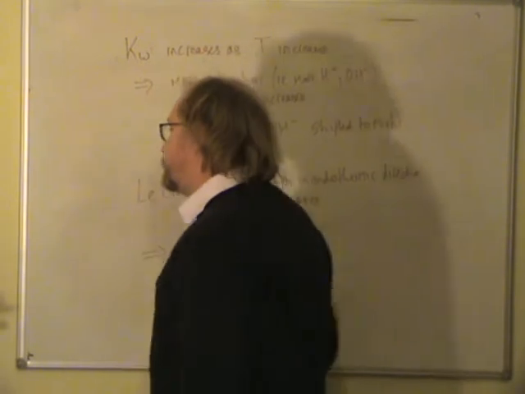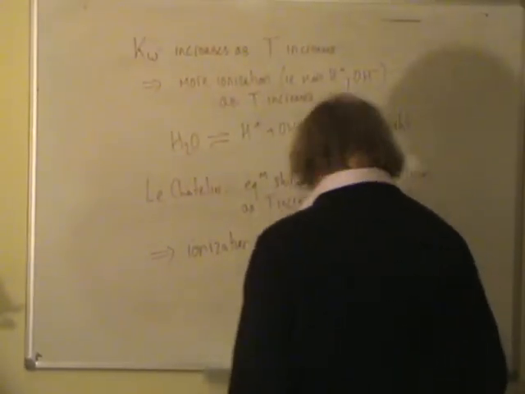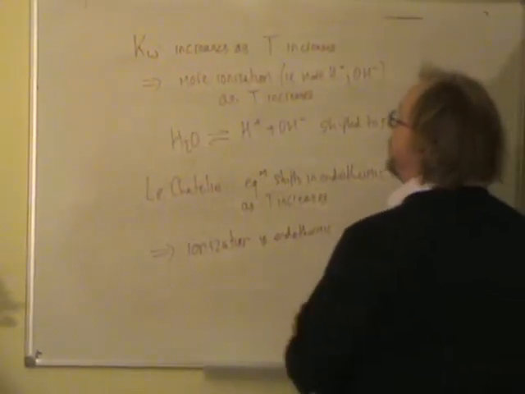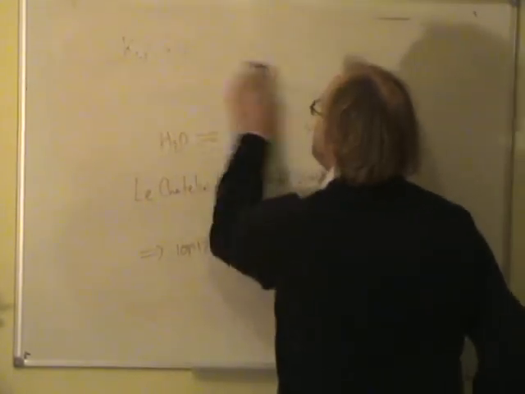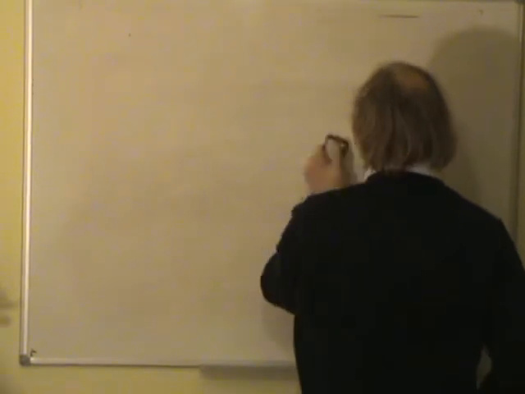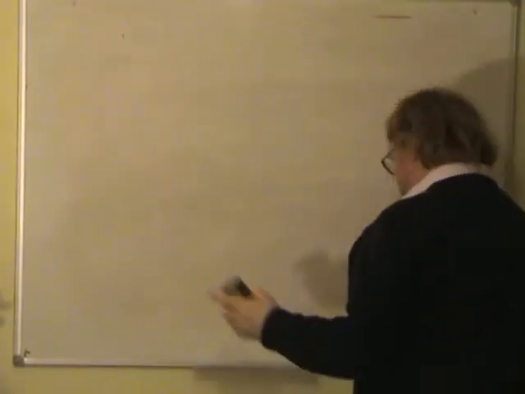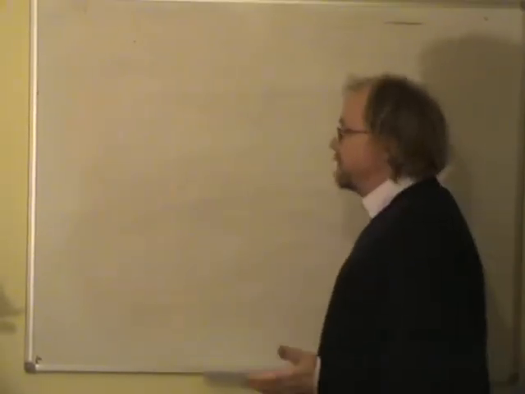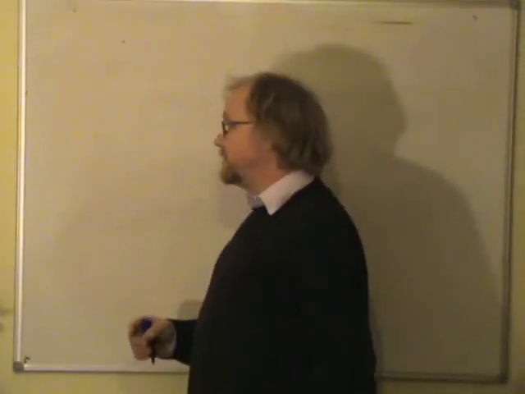Okay, now we've got to find the pH of pure water at a different temperature, at 37 degrees C. So the point is, it's not going to be 7, because the equilibrium constant changes with temperature, as the graph shows you, and as you would expect, we're going to get a different pH.